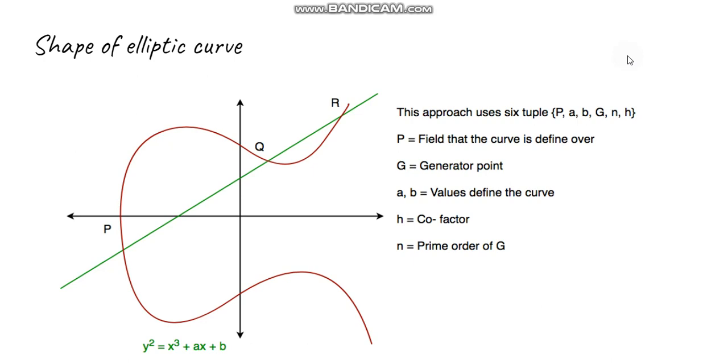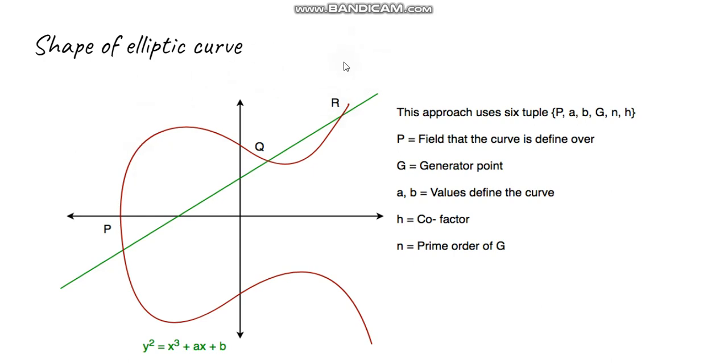So what is important in this curve? If you choose any 2 points on this curve and add those points, you will always get a new point on this curve. For example, if you know one point on this curve, which is P, and another point Q, when you add these 2 points, you will get a new point R on the curve.